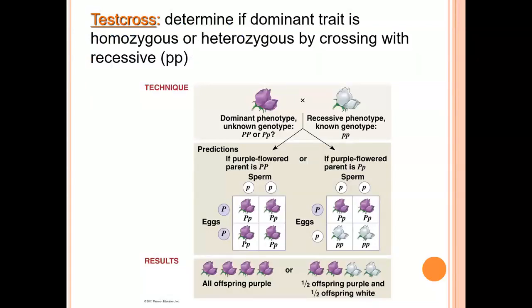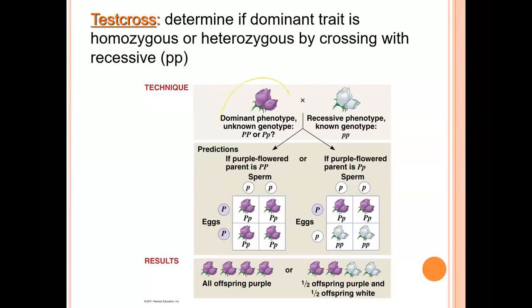All right. A test cross is used to determine if a dominant trait is homozygous or heterozygous by crossing with a recessive. Okay, so here's where this kind of comes into play. I want to annotate here. All right, so let's say you have a purple flower. If you just look at the purple flower and you know complete dominance means if the dominant allele is there, it's going to show the dominant trait.